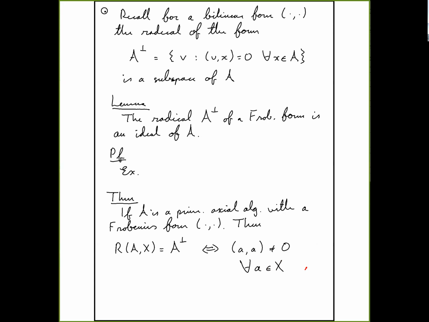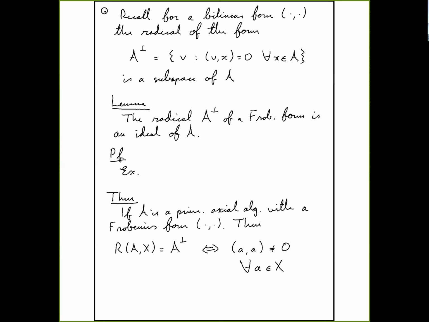This is an important result. Let me just say quickly why it is important. It's important because it allows us to easily calculate what the radical is. If I've got a bilinear form, it's just a linear algebra exercise to calculate the radical.